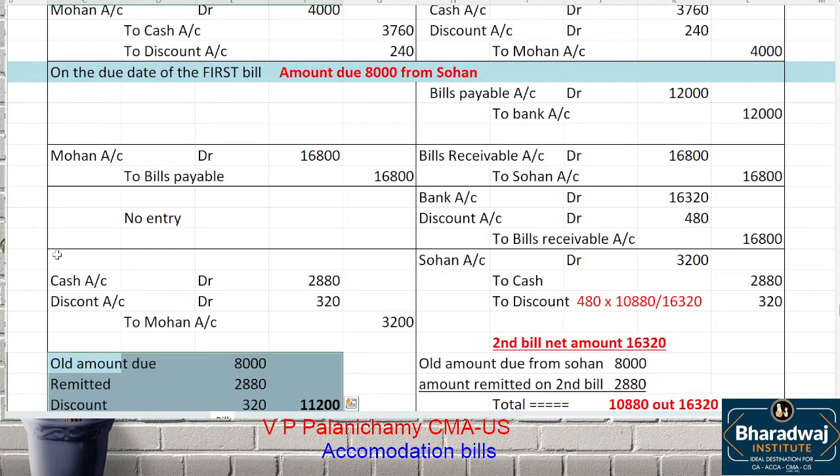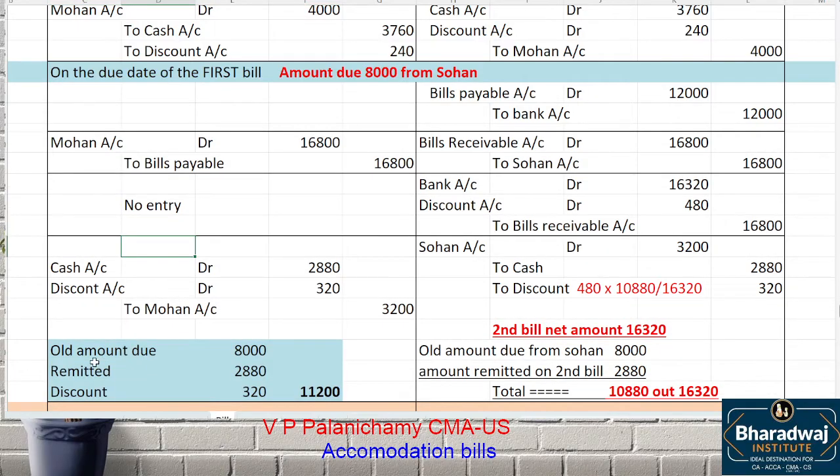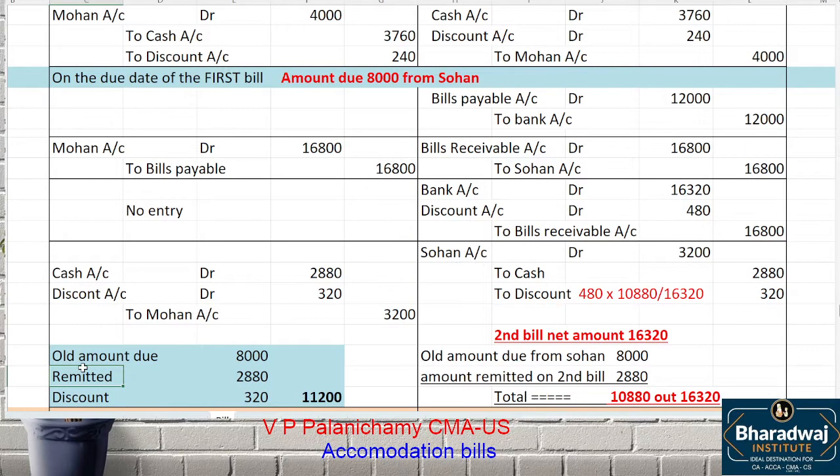If you look at it, already 8,000 was due. Now remitted is how much? 2,880. Discount charges 320. Totally, after the second bill, the total amount due from Sohan to Mohan is 11,200.